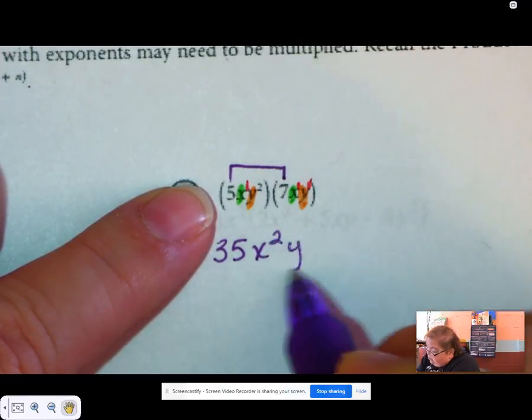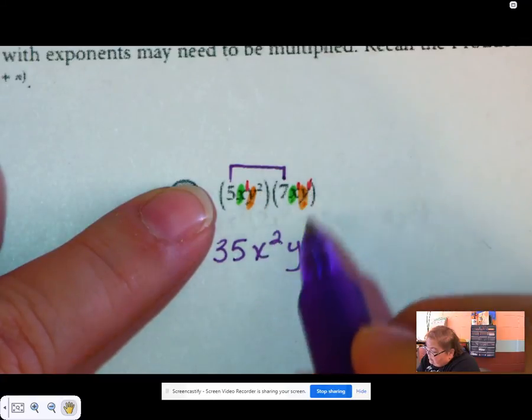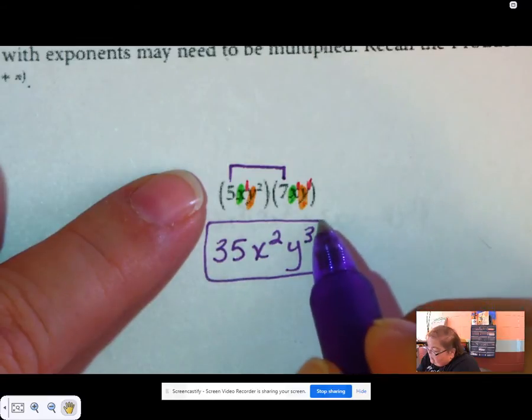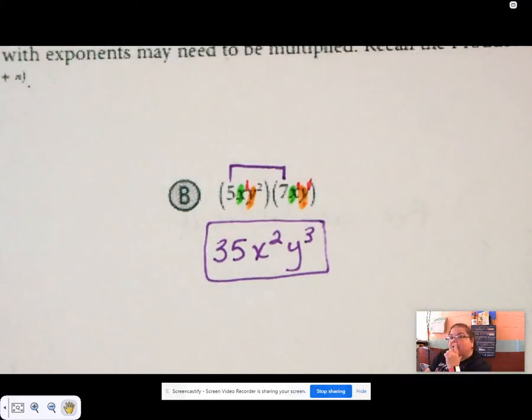Very good. Y to the what power? 3rd power. Questions? Alphabetical order. Okay.